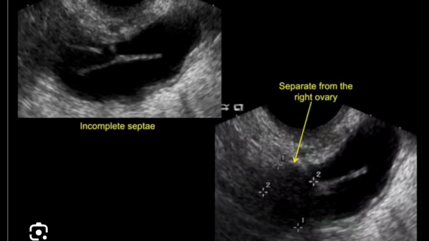So this is a particular sign which is indicating pelvic inflammatory disease, and on this image it's clearly visible that you would appreciate a tubular anechoic structure, it means there is fluid within this structure, and in between you can appreciate septa. In different views you can appreciate either single septa or multiple septa, it depends upon the view you are looking for. So this is an example of incomplete septa, and this is pelvic inflammatory disease.